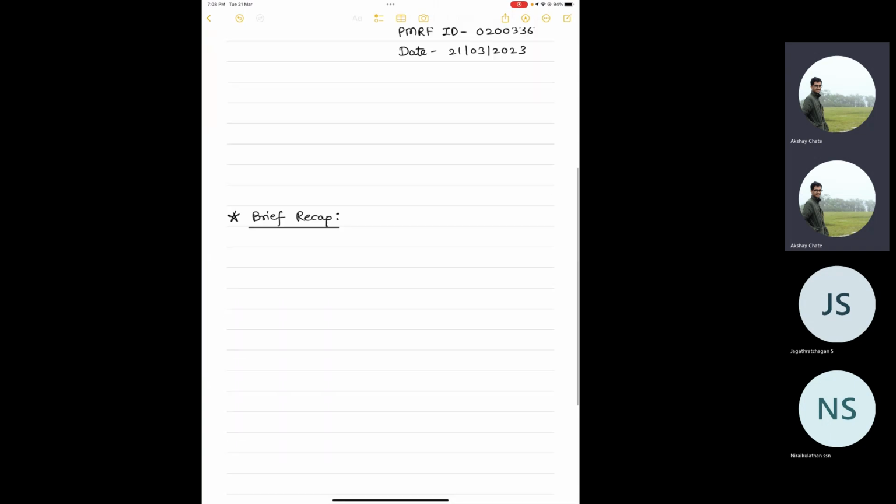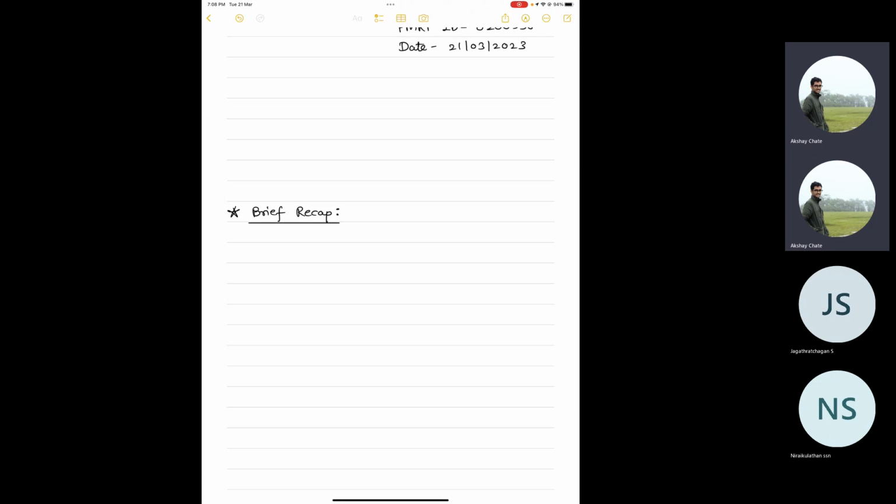So basically, the crux was material requirement planning, which is MRP.